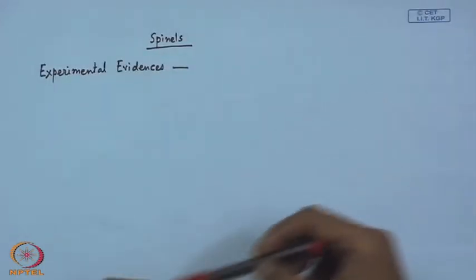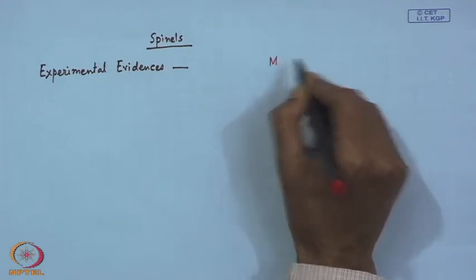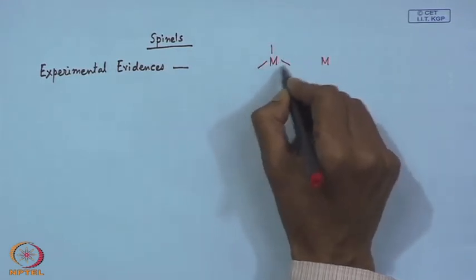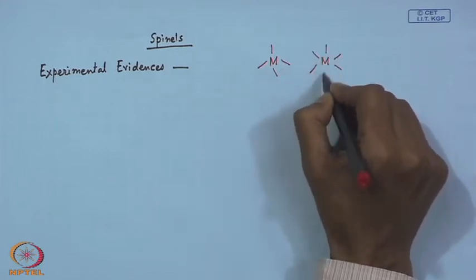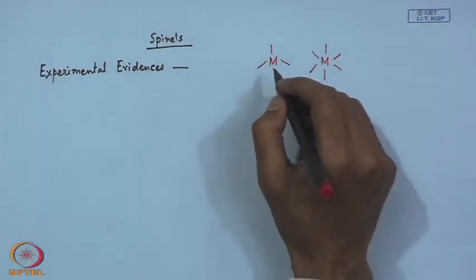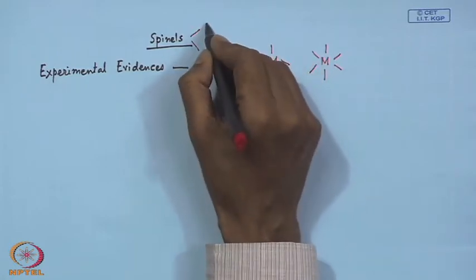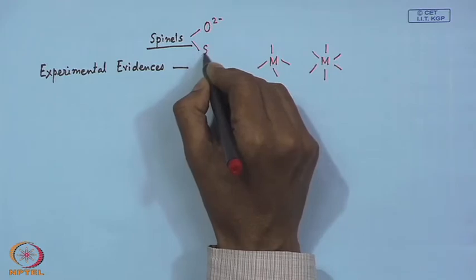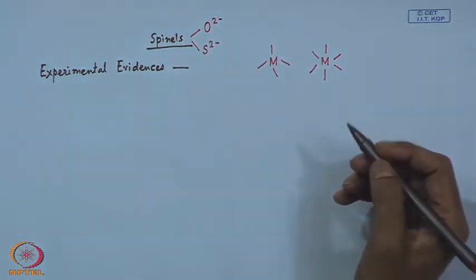That means, whenever a metal center is present and it can have some immediate environments, either tetrahedral or octahedral, and when we talk about these spinels, we can have these oxide anions, and today we will also see the sulfide anions.